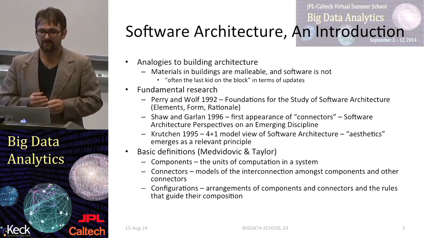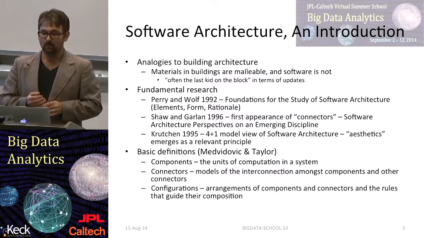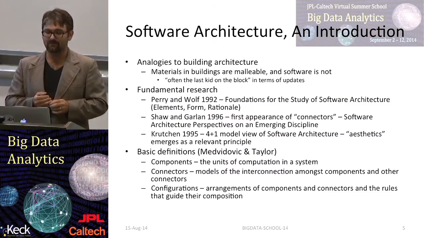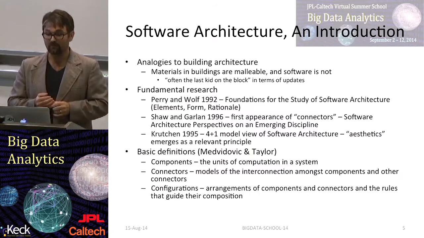Software architecture has enjoyed at least 20 years of fundamental research. Some of the early research was done by Dewayne Perry and Alexander Wolf in 1992, who had a seminal paper called The Foundations for the Study of Software Architecture, published in Software Engineering Notes, an ACM publication, or SEN.